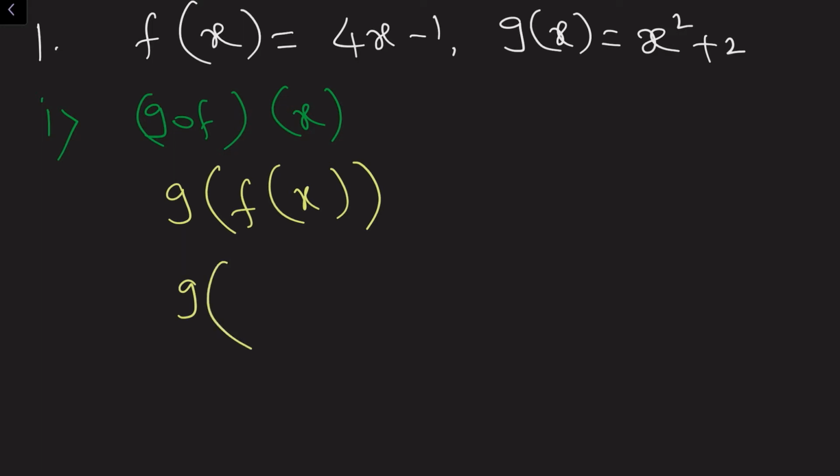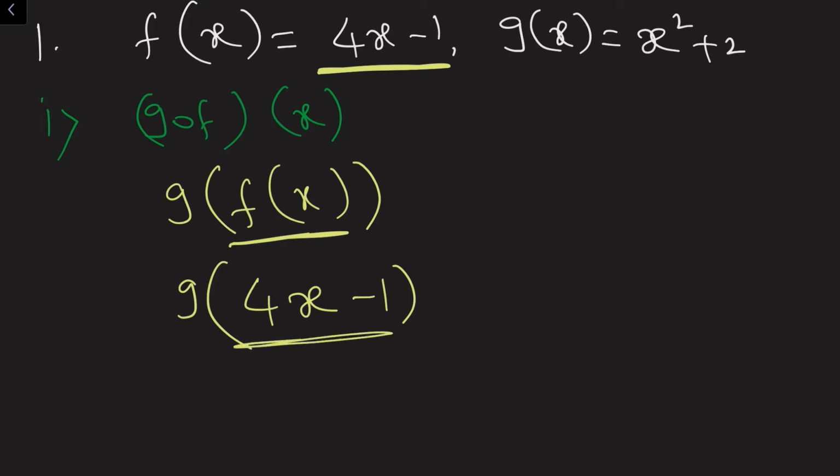G of, here f of x is there, and the f of x value is given as 4x minus 1. So substituting 4x minus 1, now this 4x minus 1 we need to substitute in the g of x place. In the g of x, wherever we have x, in that place we need to substitute this total 4x minus 1.